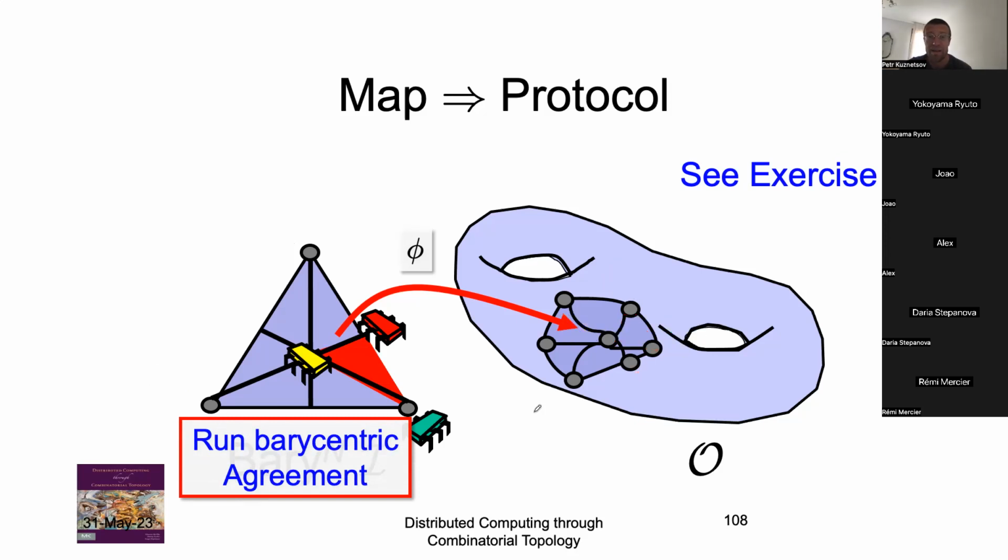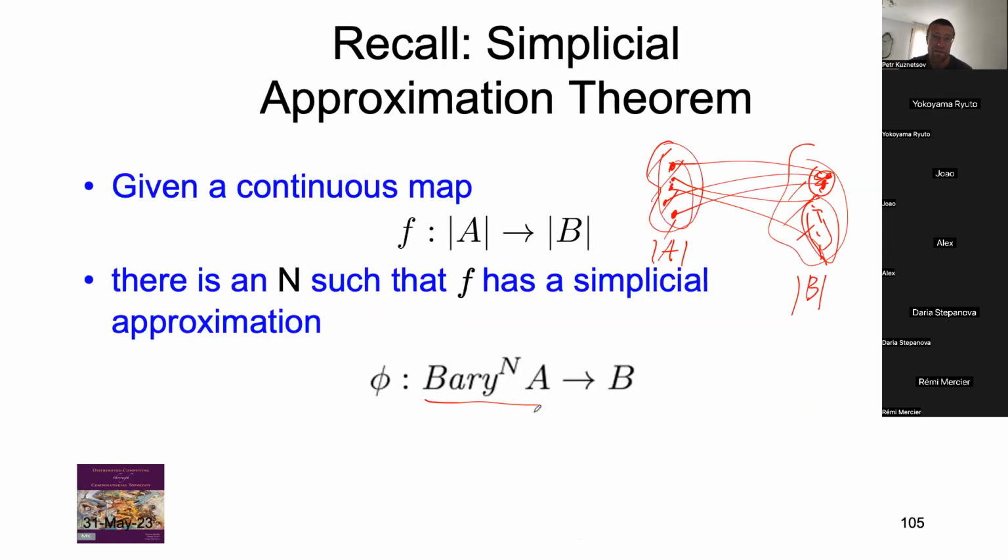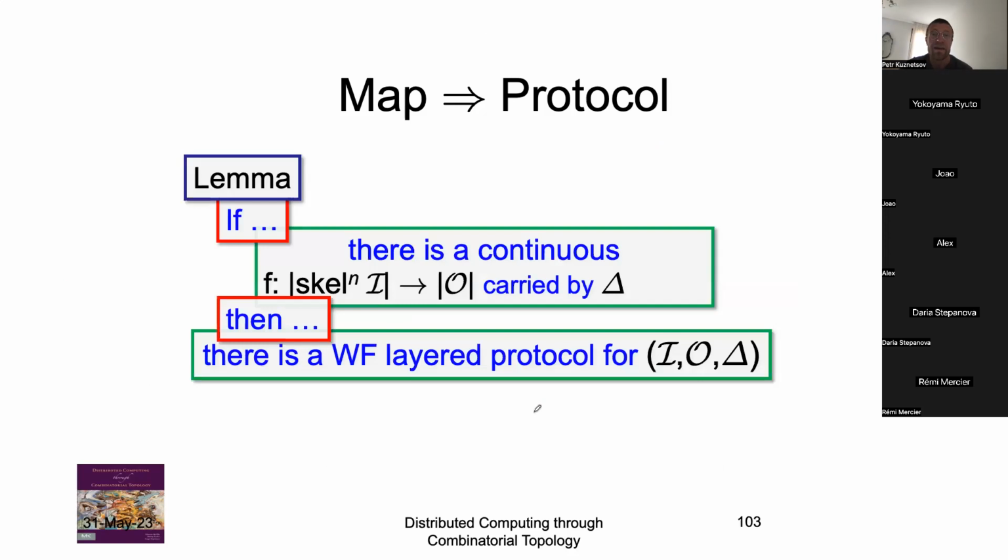Remember that the original continuous map, I'll come a step back a little bit to the statement of the theorem. If there is a continuous map carried by delta, then its simplicial approximation is also going to be carried by delta. And this is what the solution of the task should satisfy, right?